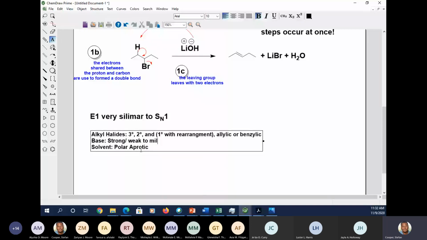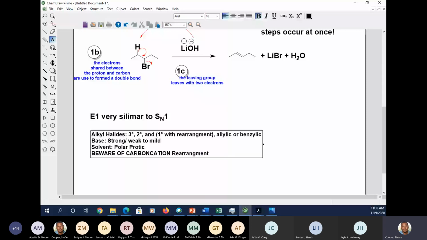They're potentially okay. But most importantly, my solvent here has to be polar protic. So there's something I need to be aware of, right? I need to be aware of carbocation rearrangements.